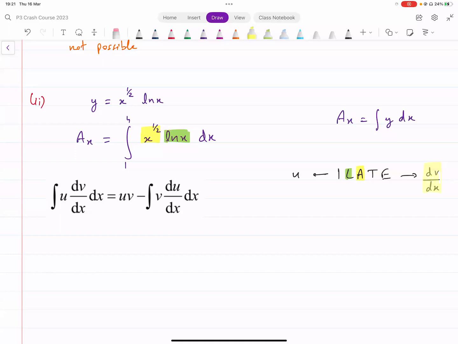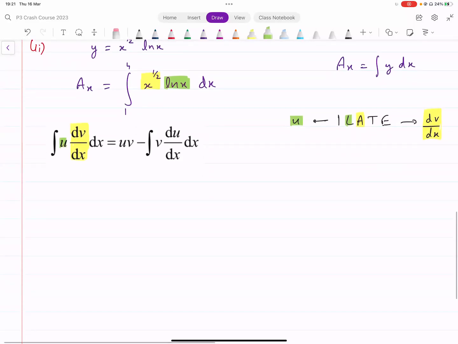So algebraic function, which is x power 1 over 2, that is going to be taken as dv over dx here. And the log function is going to be taken as u here. We can write that down on the side. u equals ln x and dv over dx equals x raised to power 1 over 2.